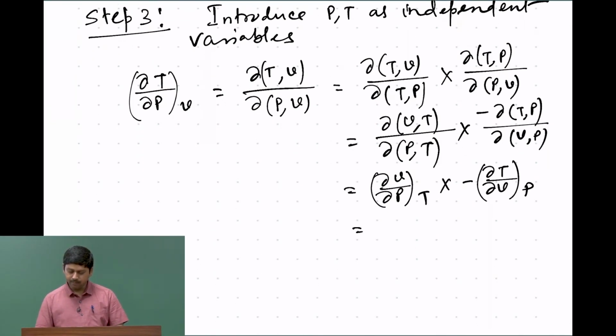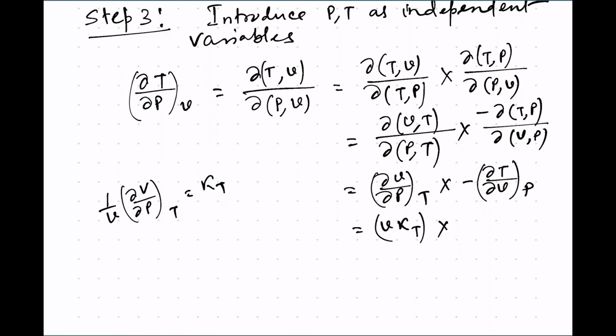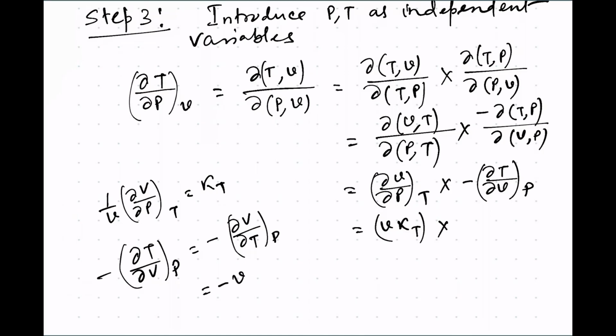Now, if you identify this quantity del V by del P, you know that 1 by V del V by del P is compressibility, right, isothermal compressibility, which is kappa T. So, this is nothing but V into kappa T, and this one is del T by del V at a constant P. It is just inverse of del V by del T at a constant P. So, you can see that it is minus of V into coefficient of thermal expansion, and of course, we have taken inverse of that.